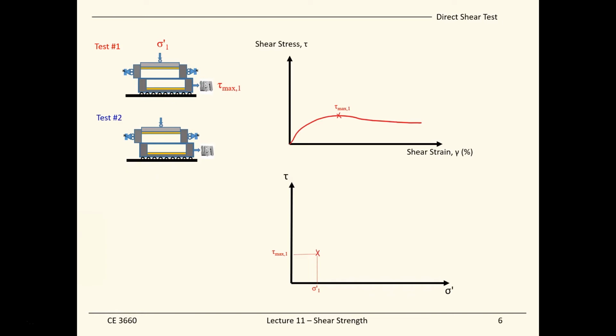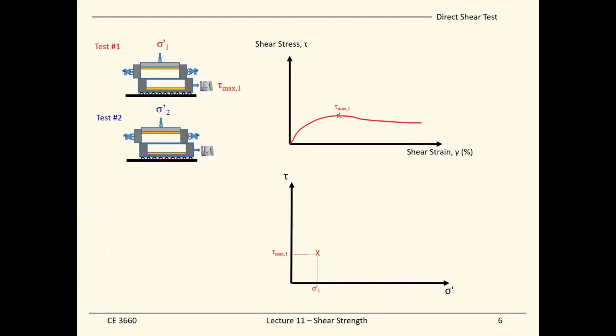After that we conduct our second test. For the second test, we subject different soil samples, but of the same soil type that we want to find the strength parameters for, to a different level of vertical effective stress.